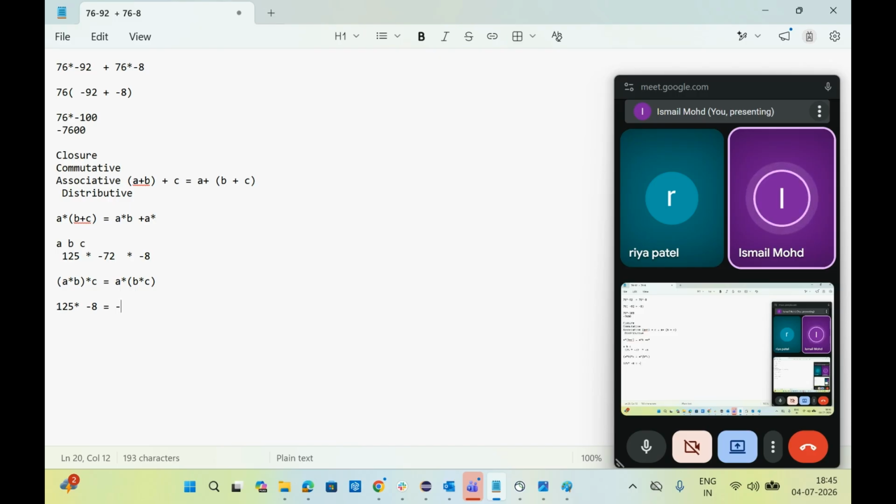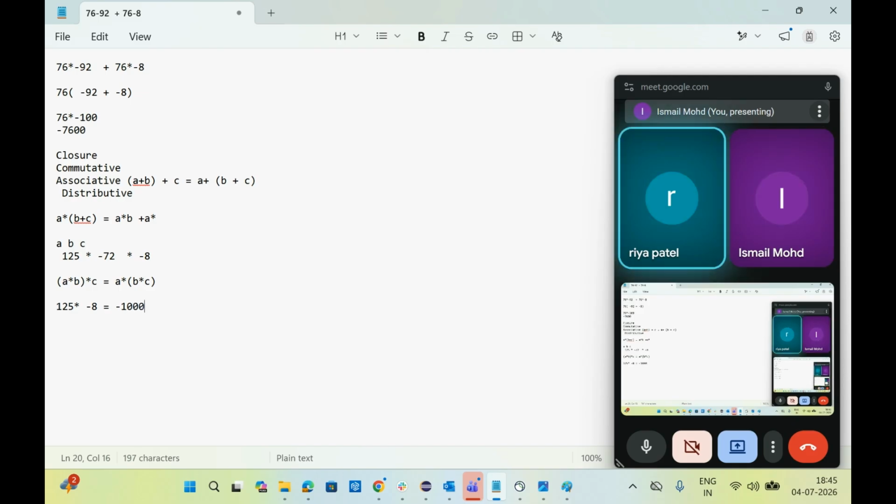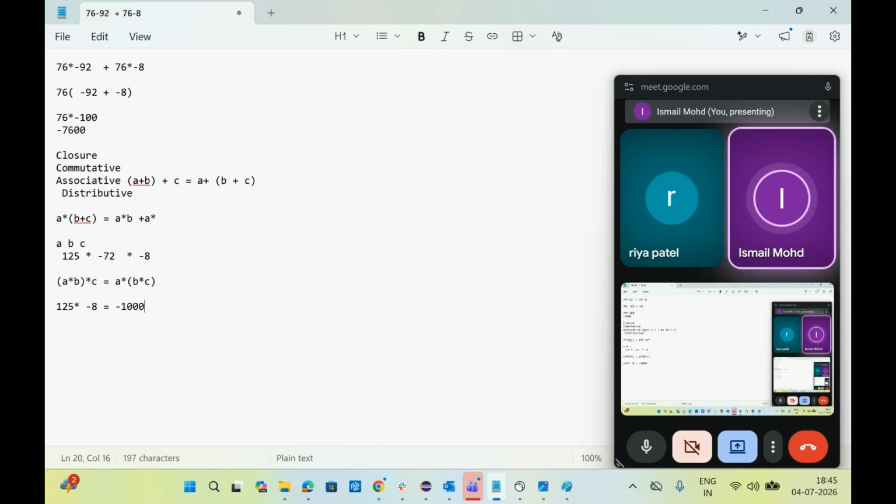And 125 into 8: 125 twos are 250, fours are 500, then eights are 1000. So minus 1000. Then you are doing minus 72, so minus 1000 into minus 72. How much is the answer?